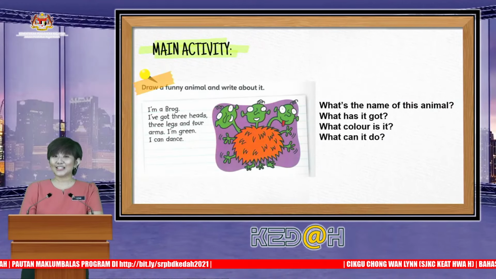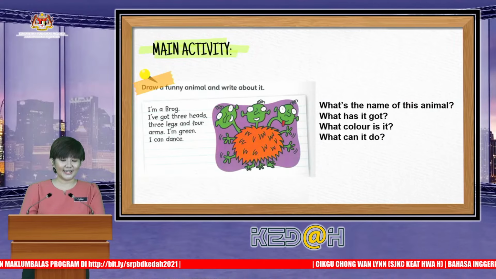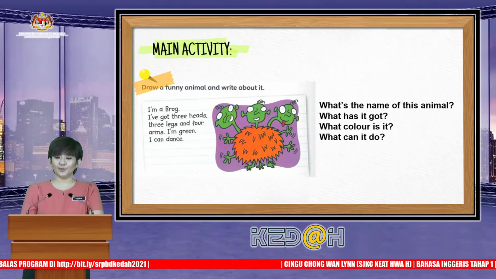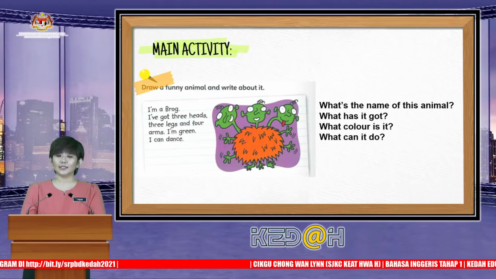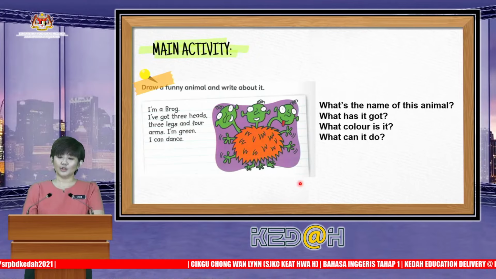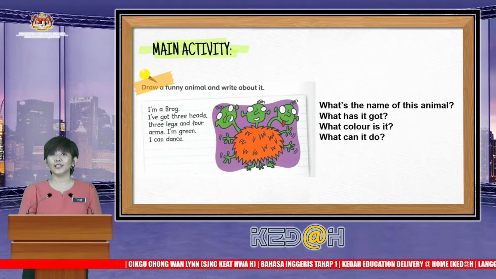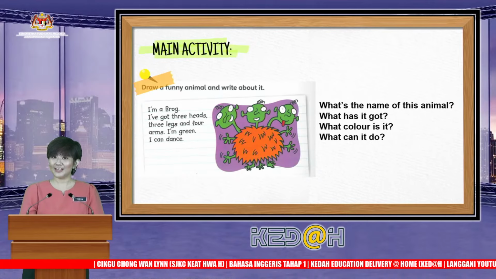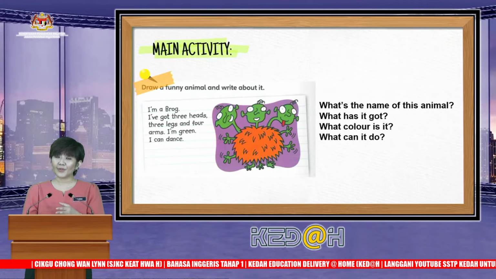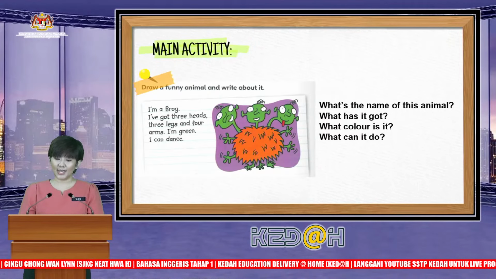Now, let's look at the main activity. Based on the student's book, this is the ultimate product that pupils have to produce. So this product is what we assess as their written work. It is always good to have a model for pupils to look at as they would understand the task better.